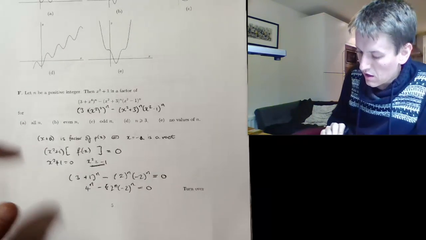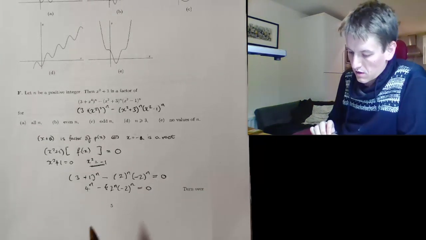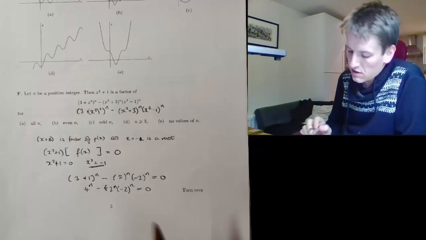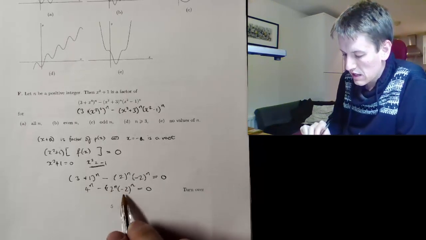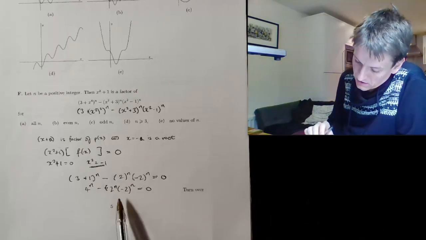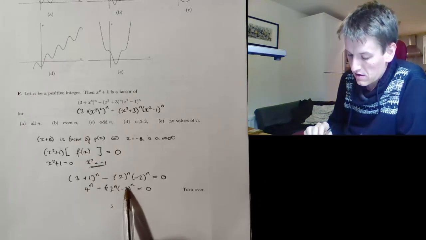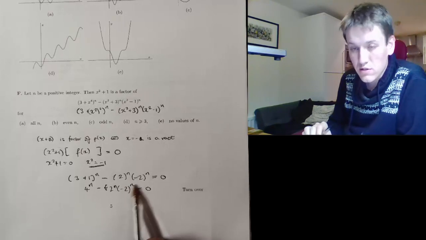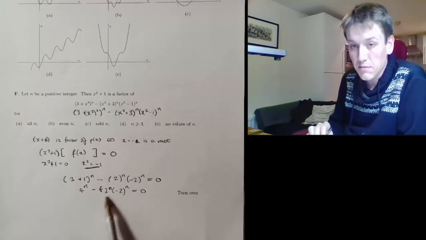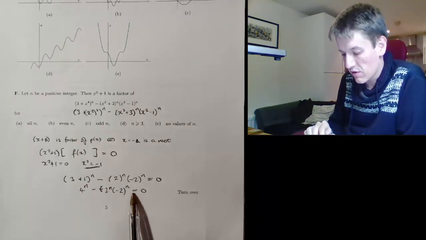Well, 4 to the n minus 2 to the n times minus 2 to the n, so 2 to the n times 2 to the n would be 4 to the n. Now if n is an even number here, then minus 2 to an even power is just the same thing as 2 to that power, so this whole expression would be 4 to the n minus 4 to the n equals 0, and that would work.